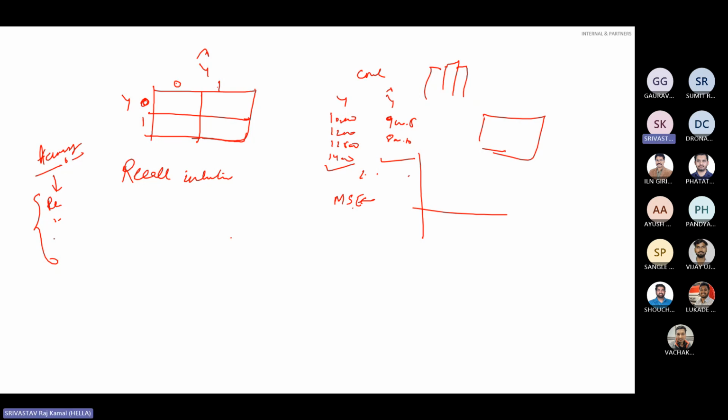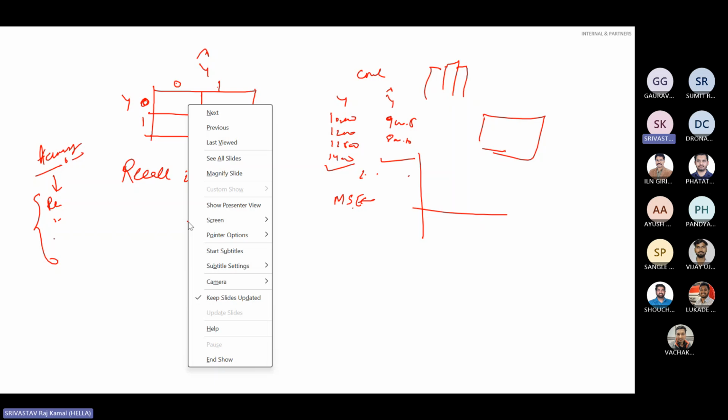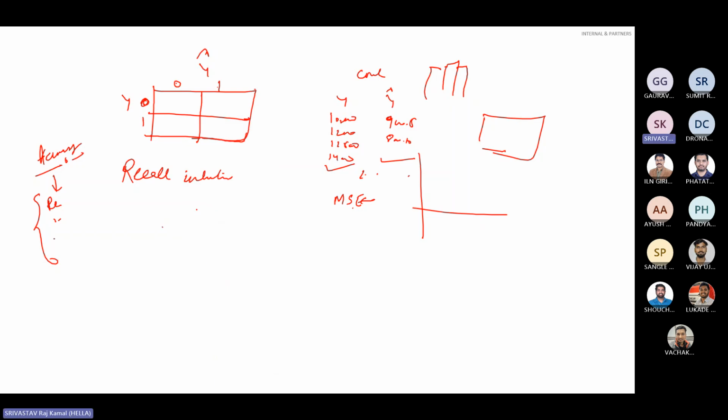Now consider a case where we have created a computer vision problem. We have a camera, we take a photo of some traffic light and we say this is a red light. This is a non-red light.